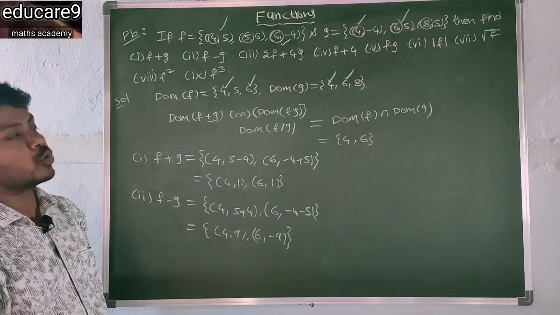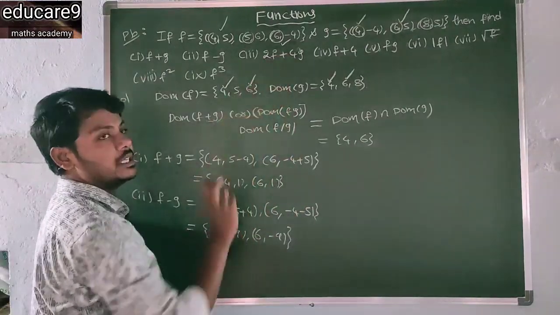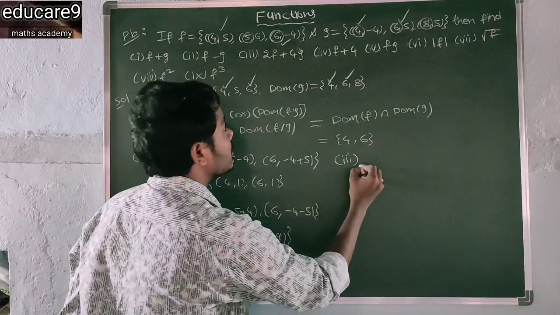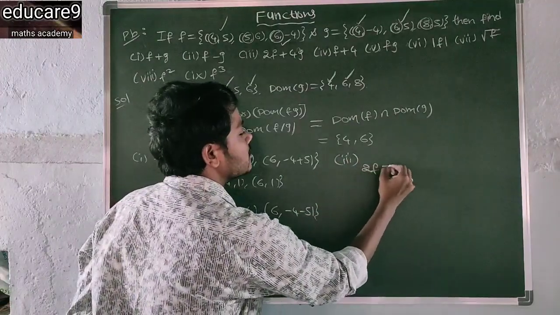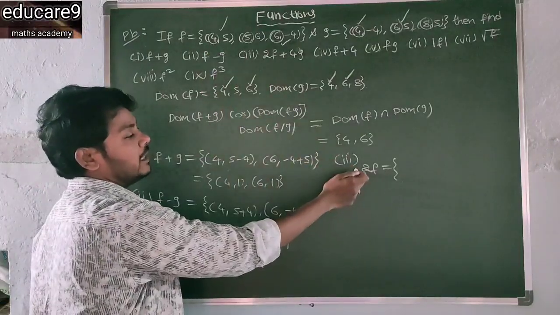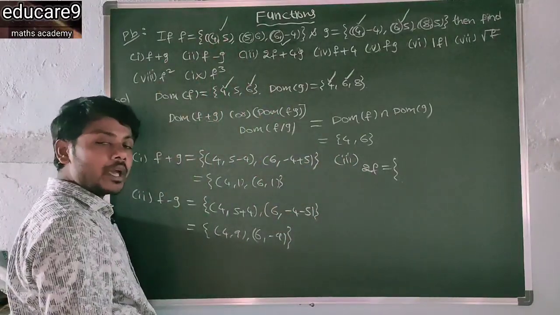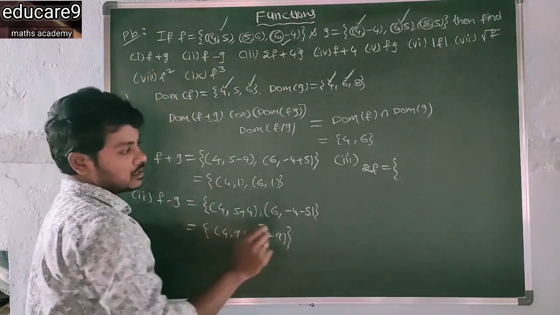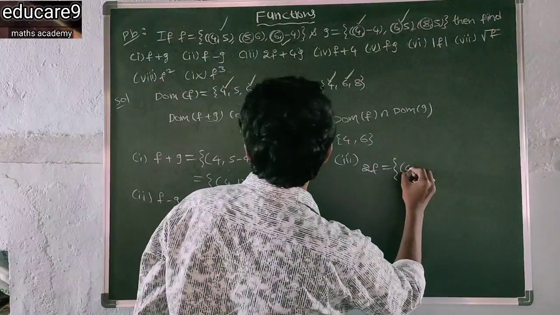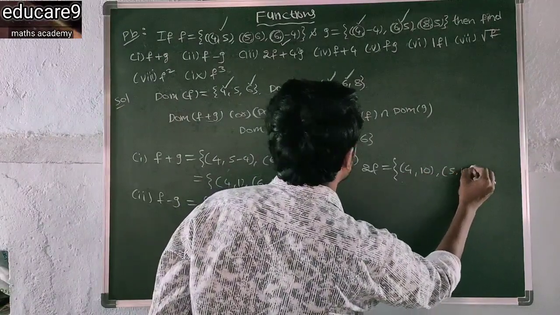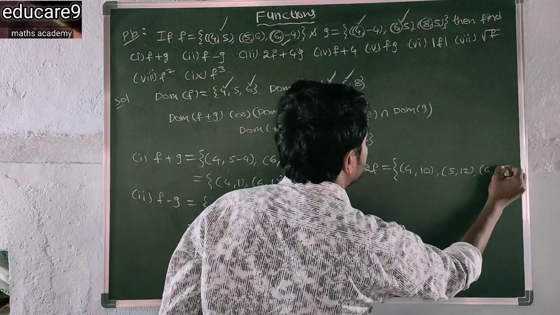And find 2f plus 4g. So 2f. So what is 2f? So multiplying this 2 with codomain element only, because domain values are not changed. So that is 4 comma 2 into 5, 10, 5 comma 12, 6 comma minus 8.